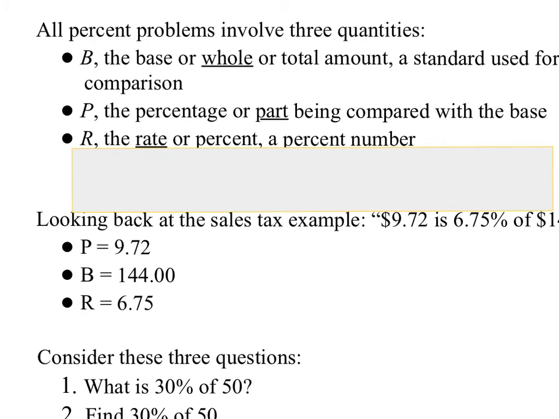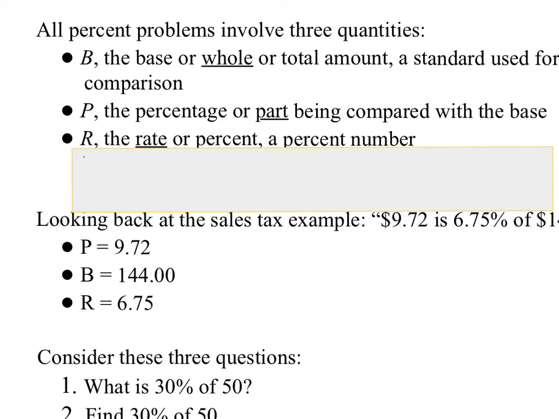So all percent problems involve three quantities. B is the base or the whole, also known as the total amount. It's the standard used for comparison. P is the percentage or the part that is being compared with the base, and R is the rate or percent. So it's going to be a percent number. So I'm going to write this out for you.